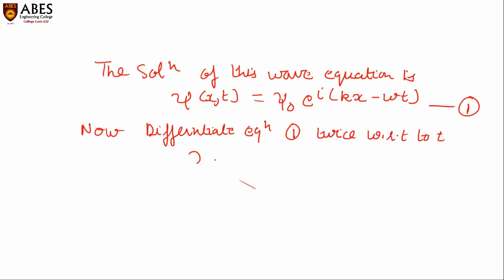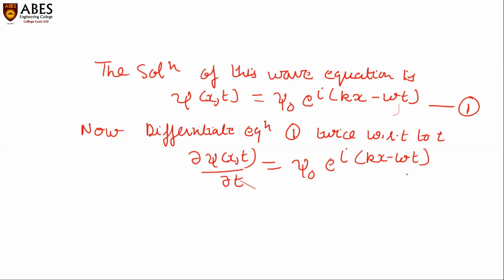So del psi(x,t) over del t, the differentiation of e to the power x is e to the power x, we get psi naught e to the power i(kx minus omega t), and that is minus i omega. Once again, if we differentiate it with respect to t, what do we get?